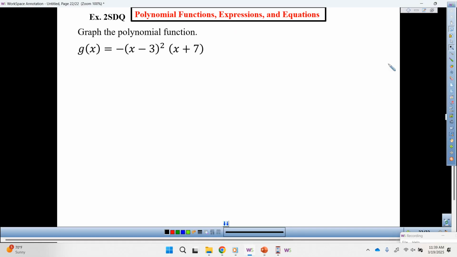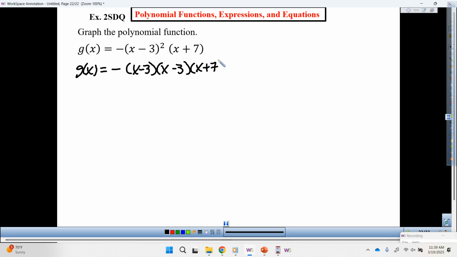All right, let's see. Help me out with this one. Step 1, what do I do first? Let's go over here with Enrique. Factor form, okay, so then g of x equals negative (x minus 3)(x minus 3)(x plus 7). Next step, pass on one. Mario?